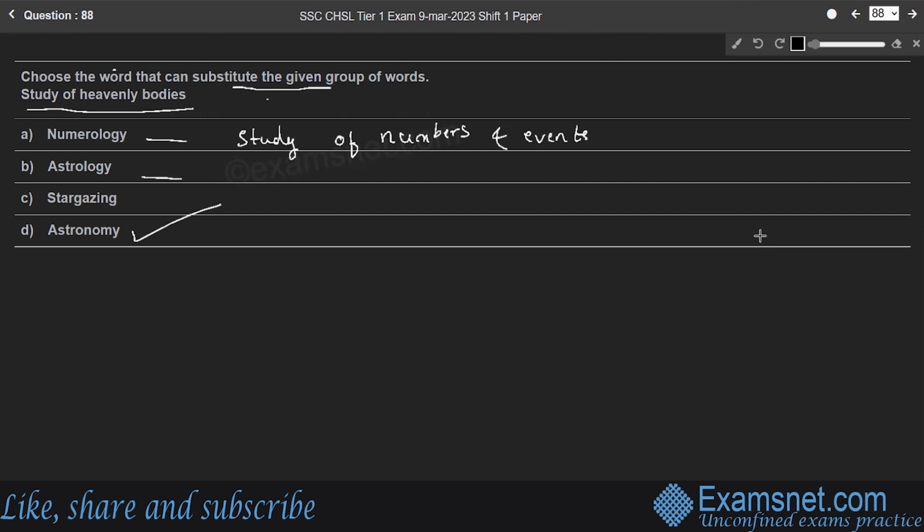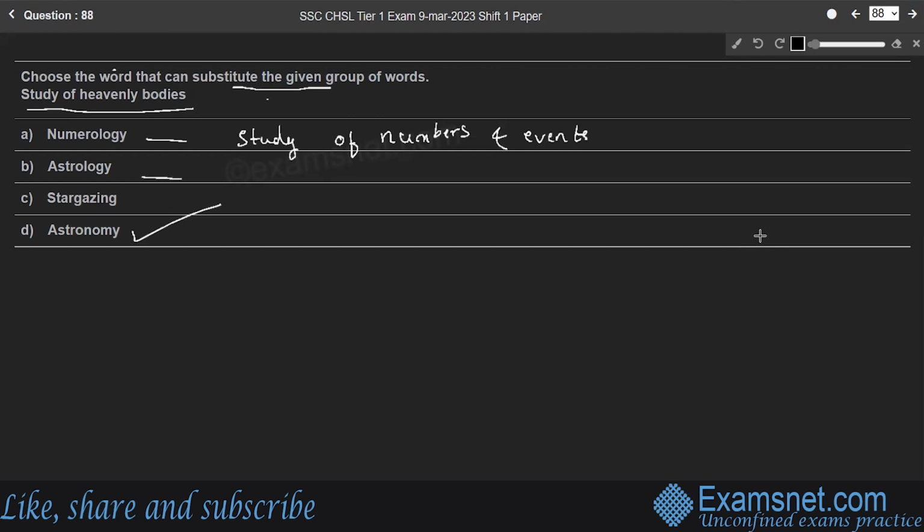Whereas astrology, so astrology is a study of movements and relative positions of celestial objects as a means for divining information about human affairs and terrestrial events. It is often considered a pseudoscience and has been widely criticized for its lack of empirical evidence.